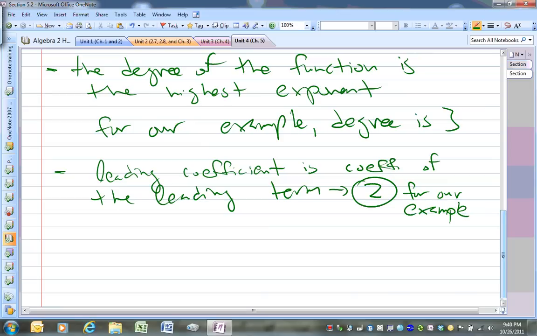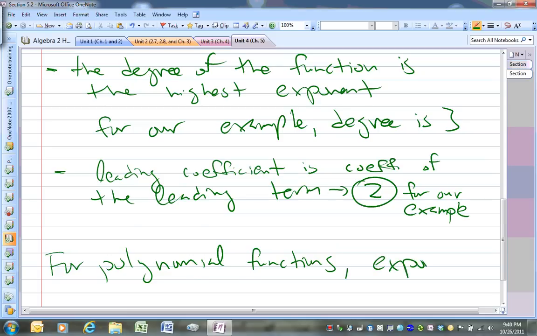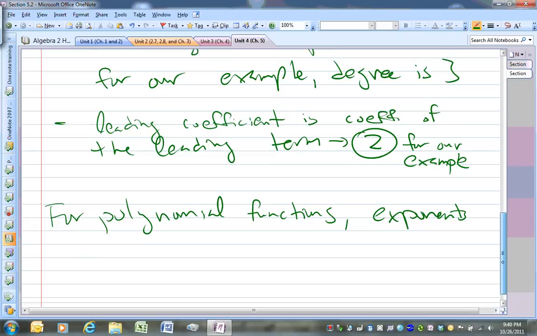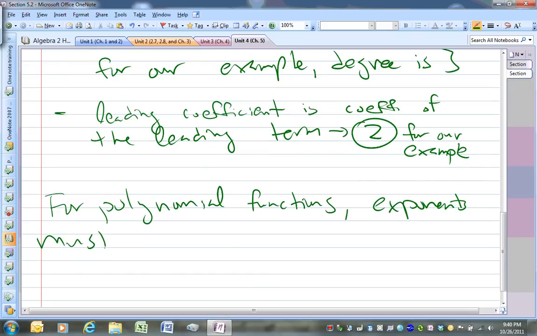The other thing that you need to know for polynomial functions is that exponents must be whole numbers.